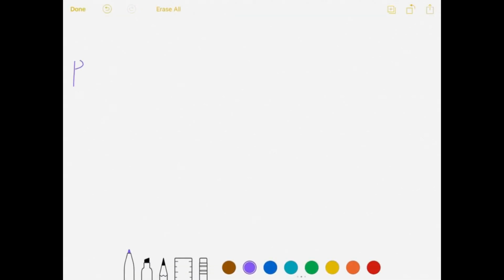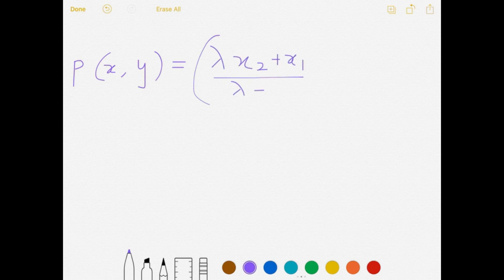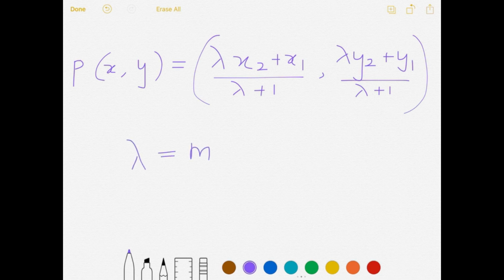The coordinate of the point P, that is x, y, will be equal to lambda x2 plus x1 divided by lambda plus 1, comma, lambda y2 plus y1 divided by lambda plus 1. This is how the formula gets modified, where, remember this, lambda is equal to m is to n.